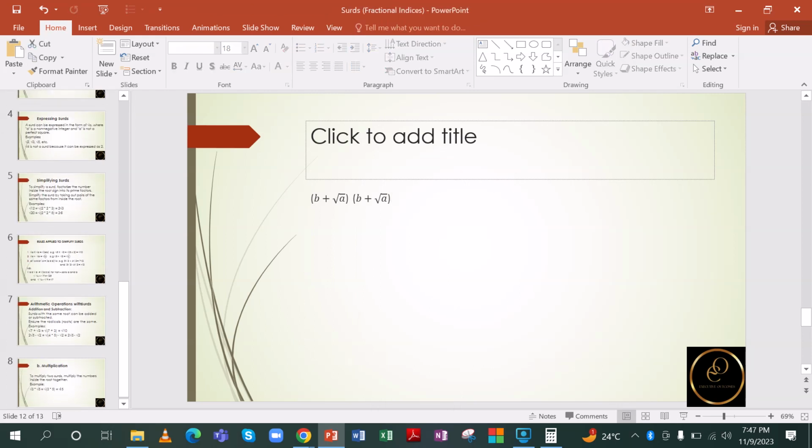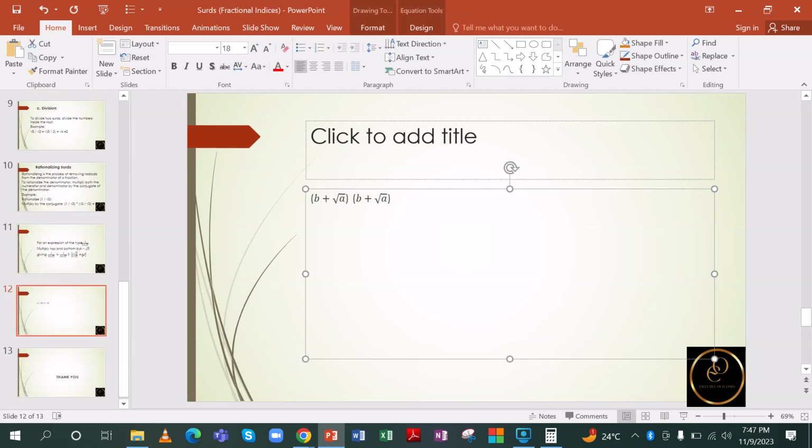So how do you multiply this one? It will be B multiplied by B. B multiplied by B ends up being B squared. Are we together? Yes.